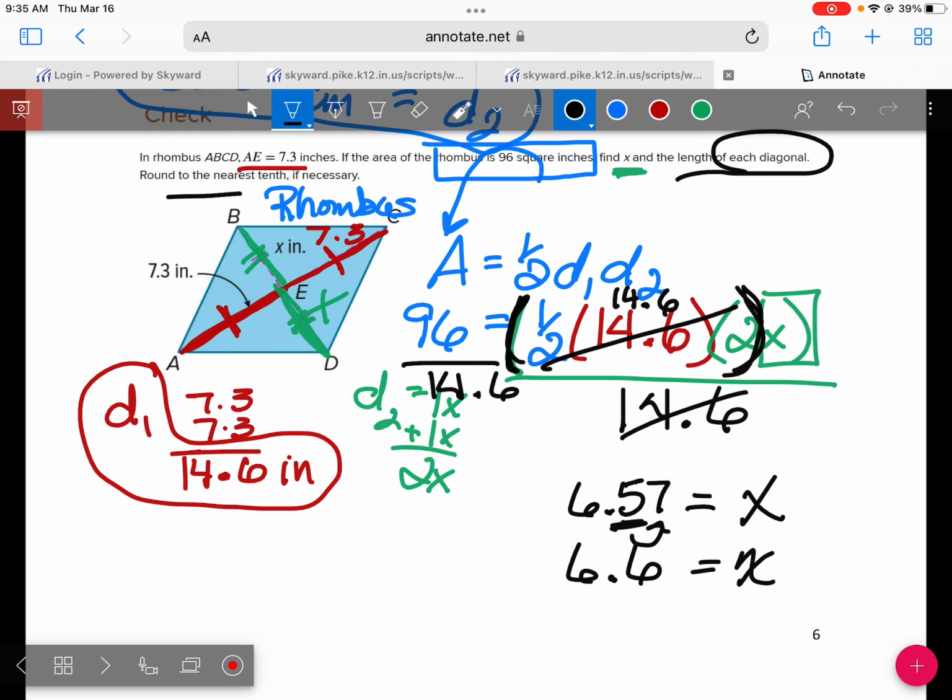That's all right. So 6.6, that's only half of it. So to find the whole diagonal, diagonal 2 is 6.6 plus 6.6, which is 13.2 inches.